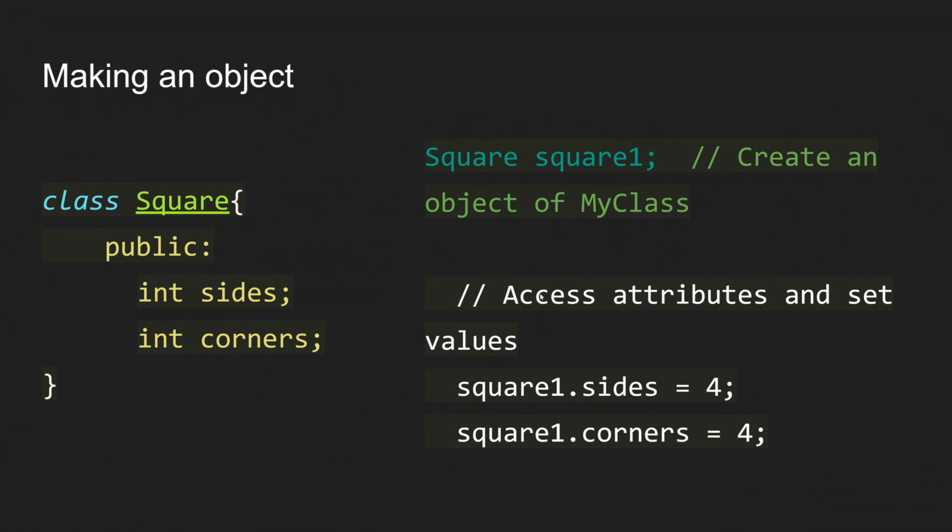After we've created that object, we can access the attributes and set values using something called dot notation. So square1.sides = 4. This is saying, hey, grab square1's attribute for sides and set it equal to 4.